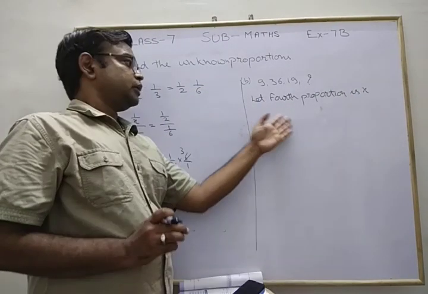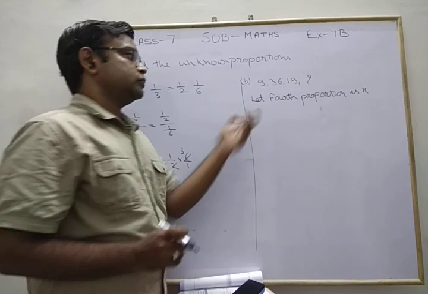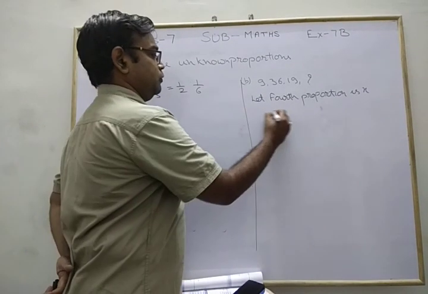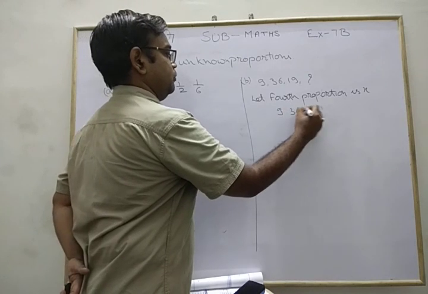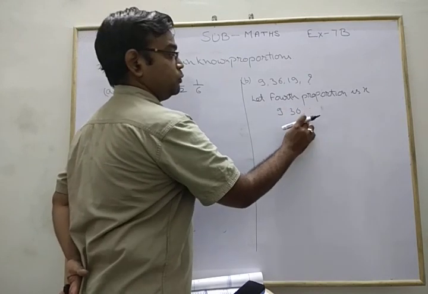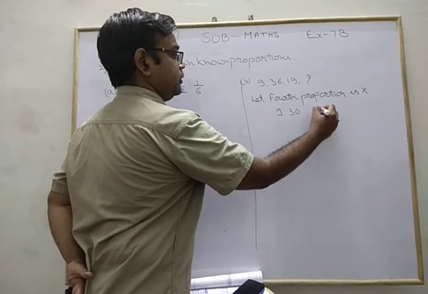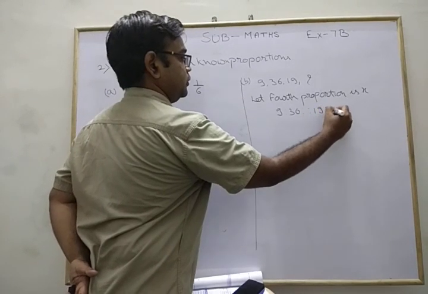The fourth proportion is your x. So what do we have now? We have 9 ratio 36, proportion sign, 90 ratio x.